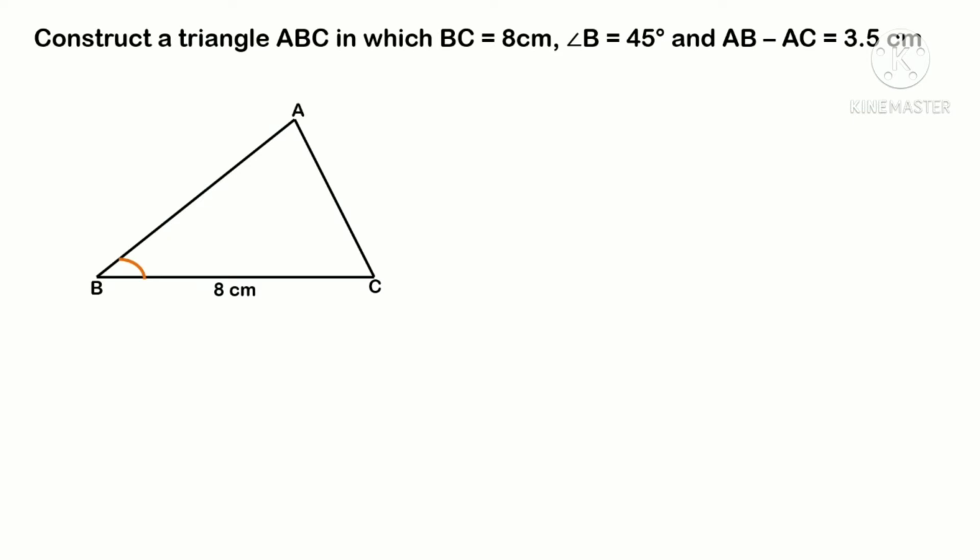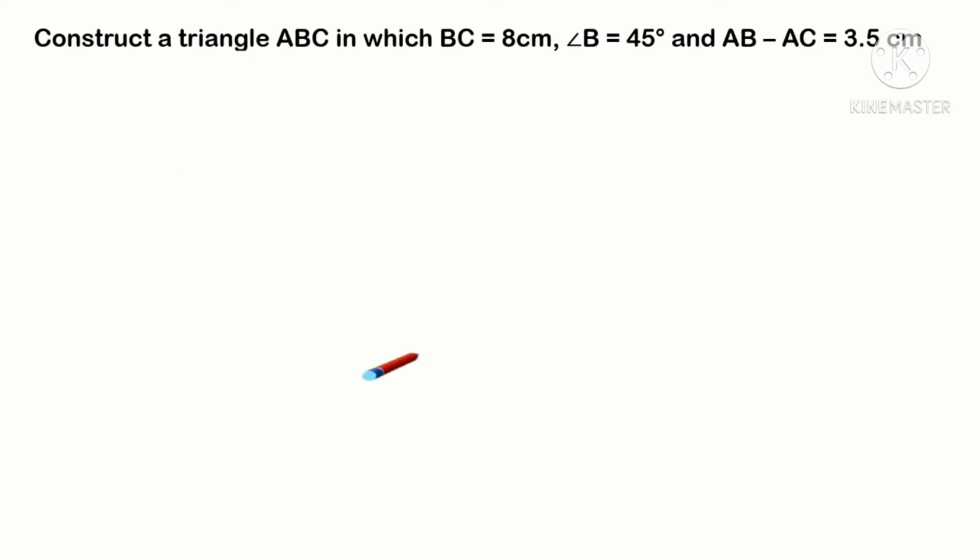Since AB minus AC is given, it means AB is greater, and AB is lying adjacent to the base angle B. So this is case 1. Understood case 1? Now let's draw it.